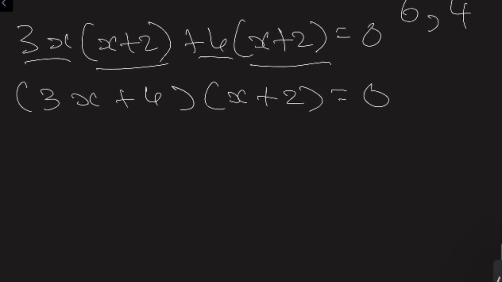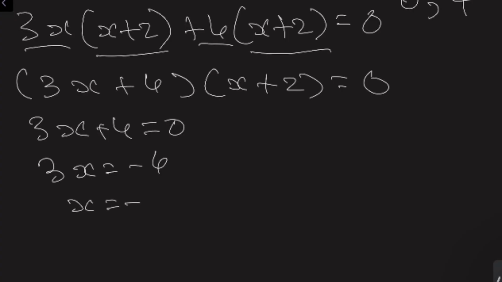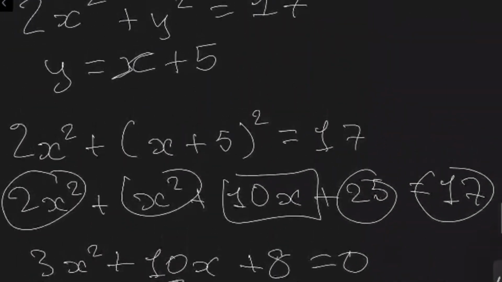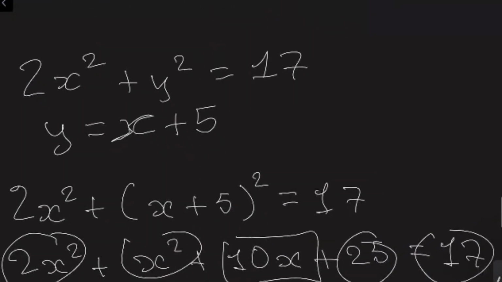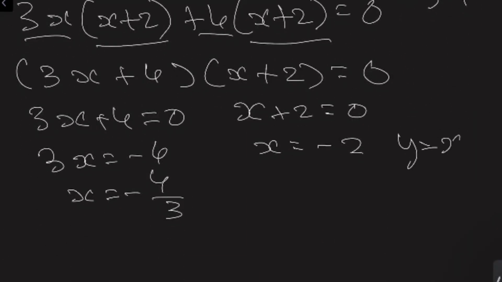The rest of it is the same thing we've done for the last two questions. 3x plus 4 equals 0, 3x equals minus 4, x equals minus 4 over 3. That's the first solution for x. x plus 2 equals 0, so x equals minus 2. Now go back to your second equation, y equals x plus 5.